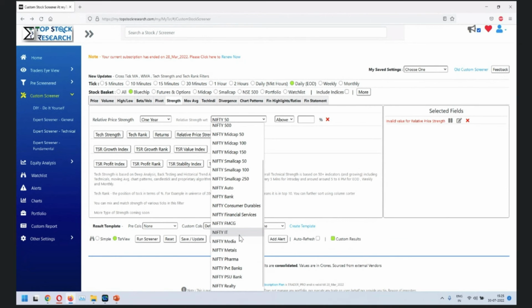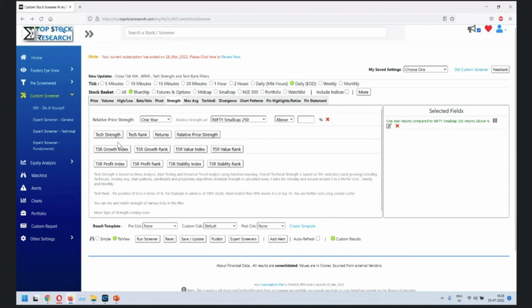let's say, which one should we look at? Let's say small cap 250, right? On a period, 1 year, 1 week to 2 years. Let's say we're looking at a 3 months period here, and we want relative strength better than Nifty small cap. So since we have selected small cap, it makes better sense to have a small cap also here above, let's say 10%.